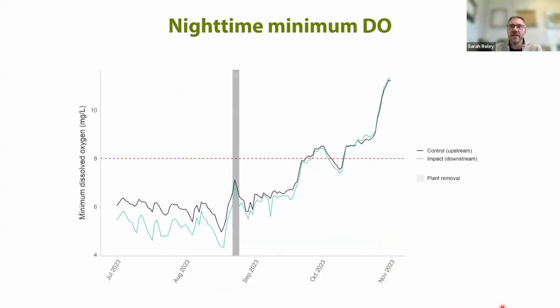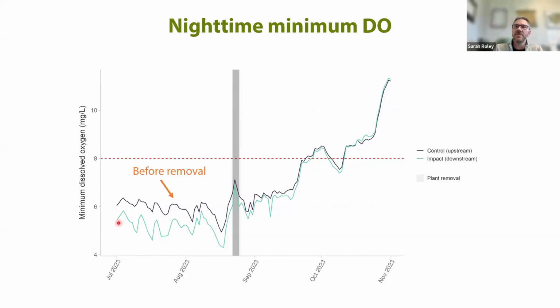What you're looking at here is nighttime minimum dissolved oxygen at the control or upstream sensor in the purple, and the impact or downstream sensor in the green. Before plant removal, you can see they're fairly different.